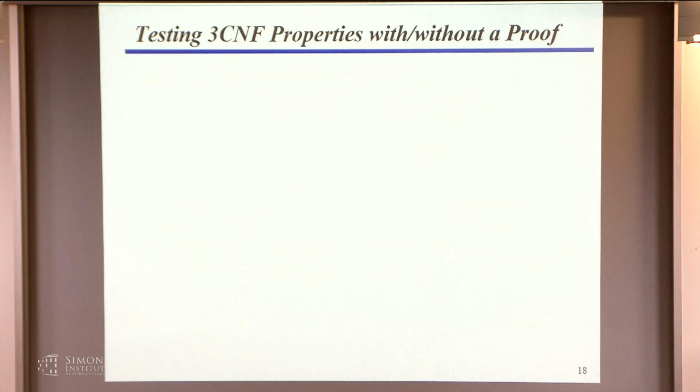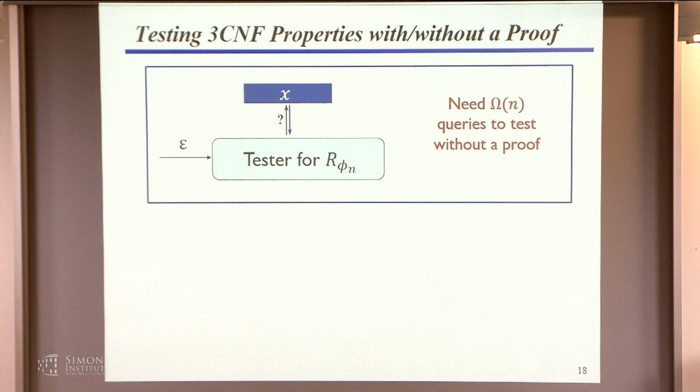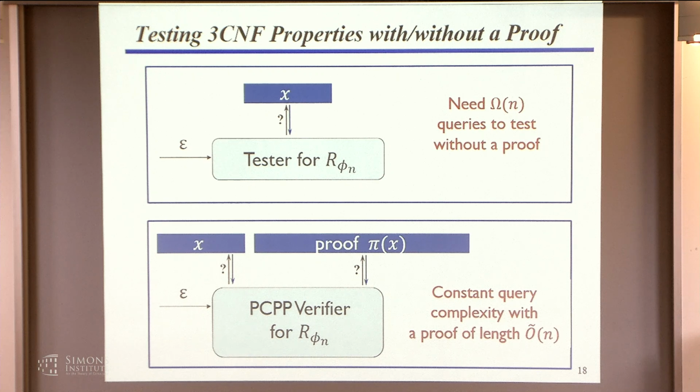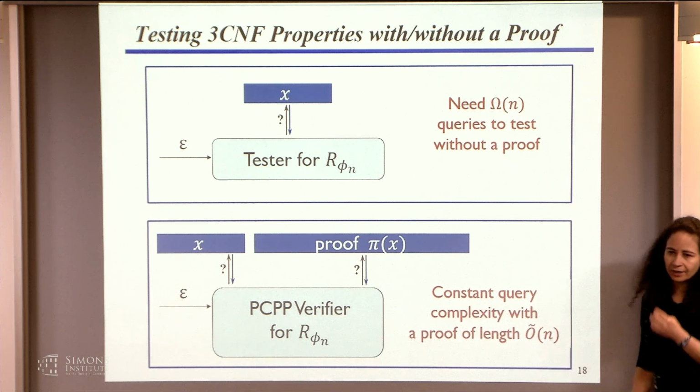So in other words, what does it imply about testing 3CNF properties? We know that if we want to test this class of properties, we need a linear number of queries without a proof. But if we have a proof, we can test it with constant query complexity. And the proof that we need is roughly of linear size.